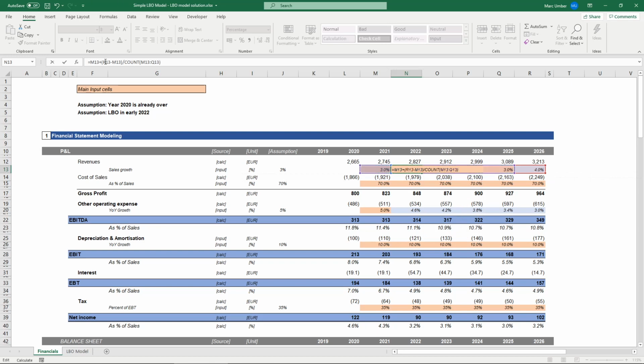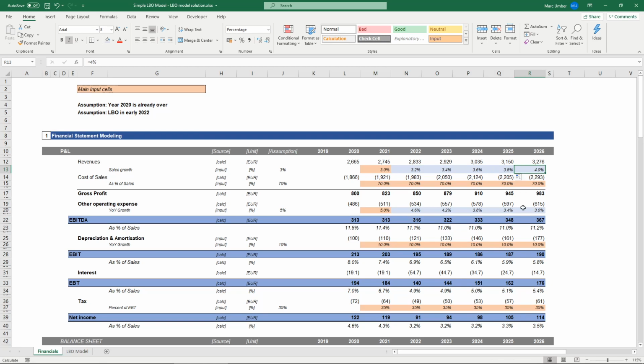This to this. Okay. This is decreasing granularly. So we already see that this is increasing our net income.